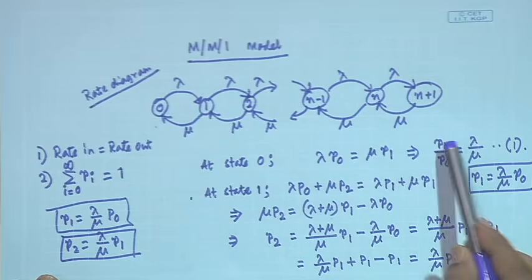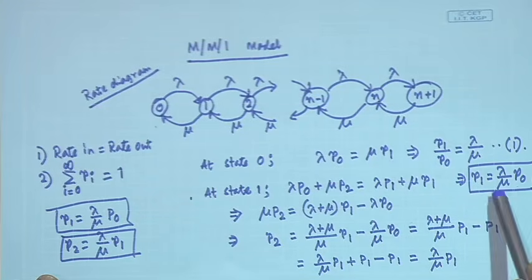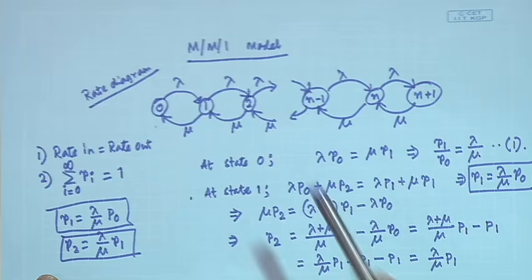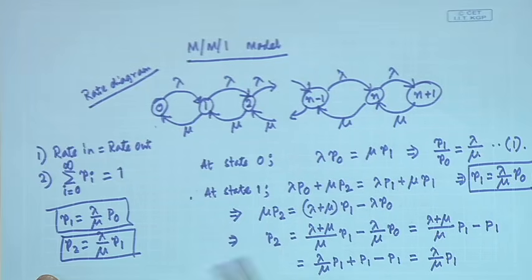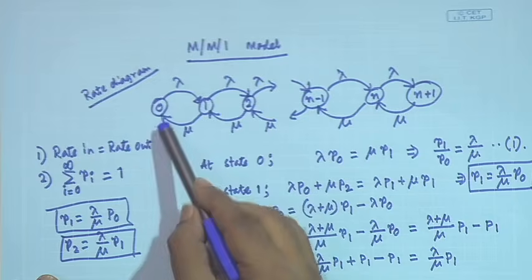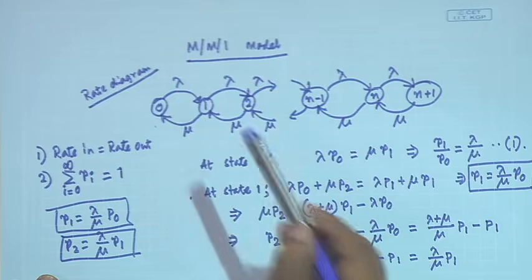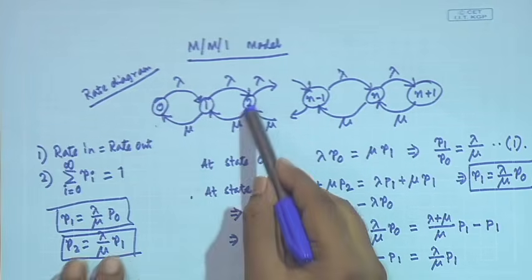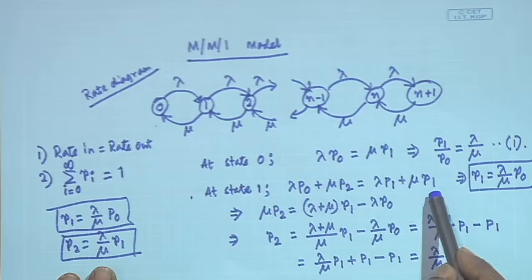From here we got P1 equal to lambda by mu P0. At state 1, we have written that lambda P0 and mu P2 are arriving, and lambda P1 and mu P1 are leaving.